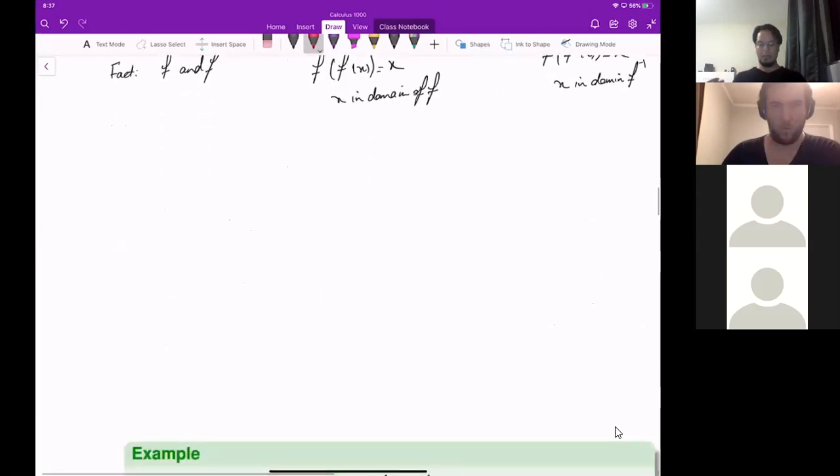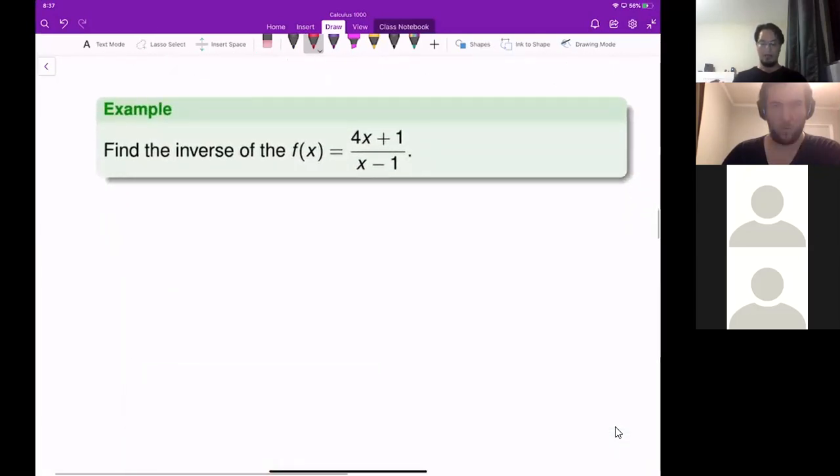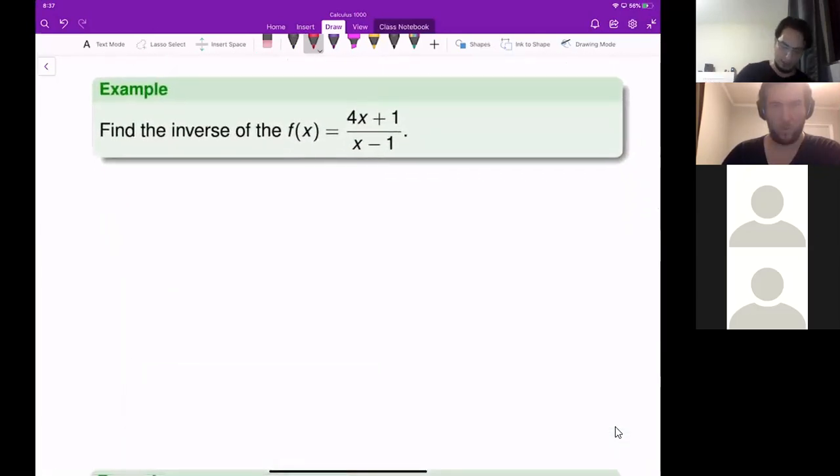So we have done some examples before, but now let me just do one thing here. Again, I want to find the inverse of this function. I start with y equals f of x. Then y is equal to 4x plus 1 over x minus 1, and we want to solve it for x. So we're trying to isolate x.